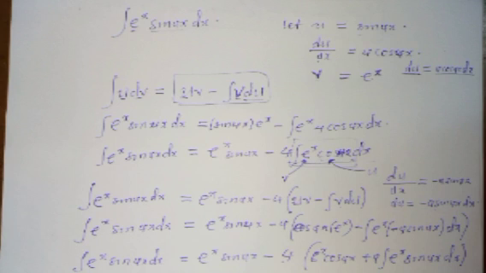Then whenever you integrate e to the power x, it has to be the same expression. Remember, if for instance we had e to the power 2x, the integral of that has to be e to the power 2x over 2, something like that.